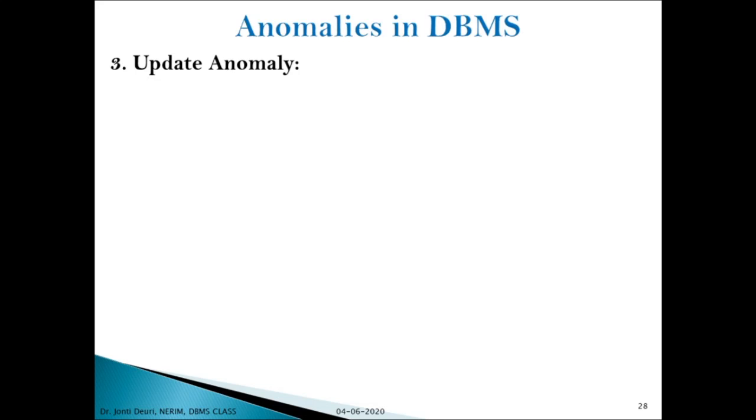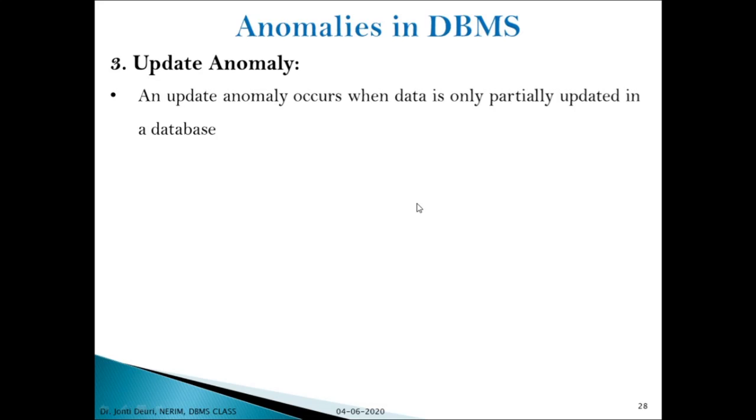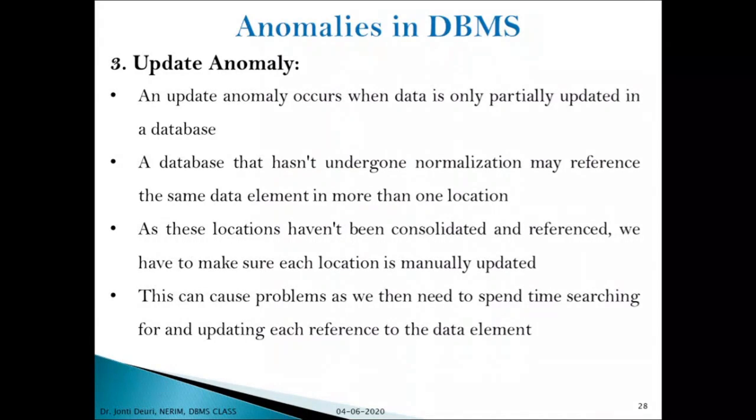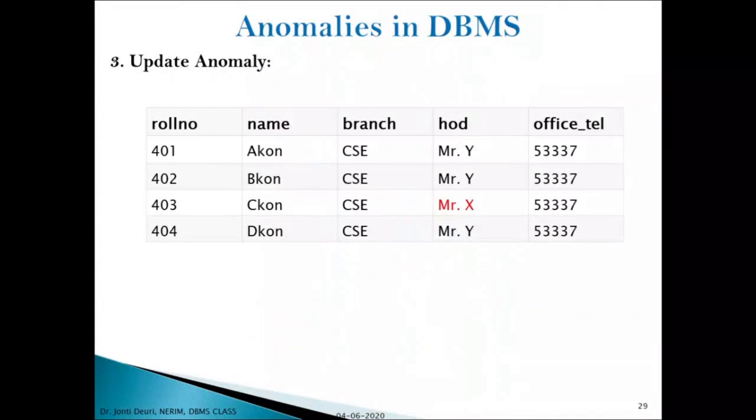Now the update anomaly, which we have already discussed. If you are going to update a value, say among lots of values you particularly update something here. In the example, instead of Mr. X I am going to update Mr. Y. By mistake I may miss it, right?